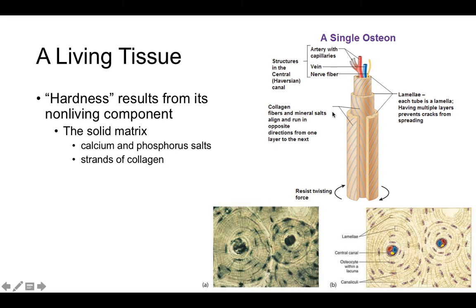Now, the strands of collagen that you can see here wrap around in a circular manner, and they are opposite to each other. So we have these strands moving diagonally this way, these strands moving diagonally, and then these moving in a different direction as we move in concentric circles.